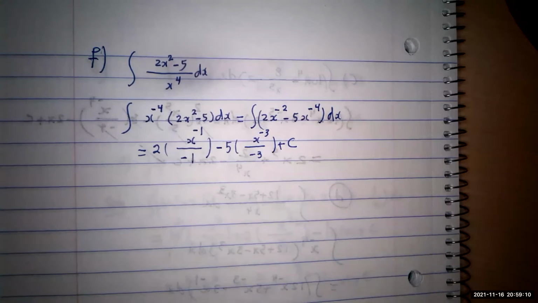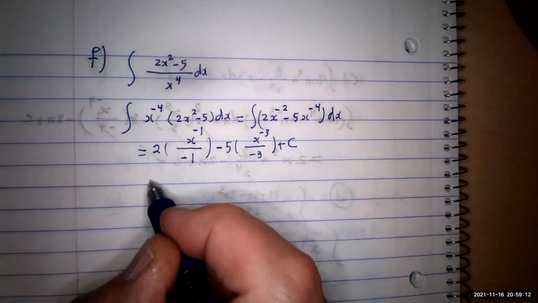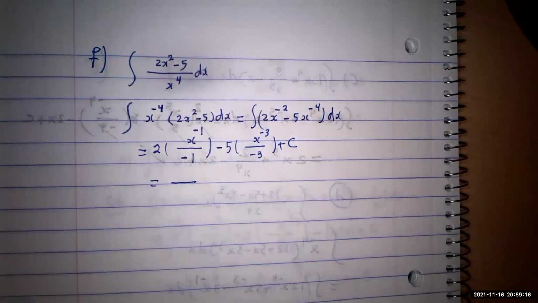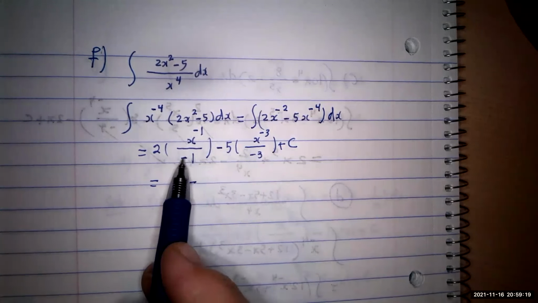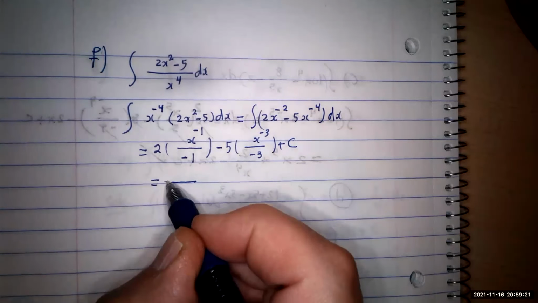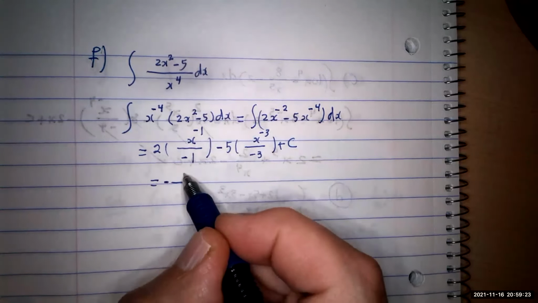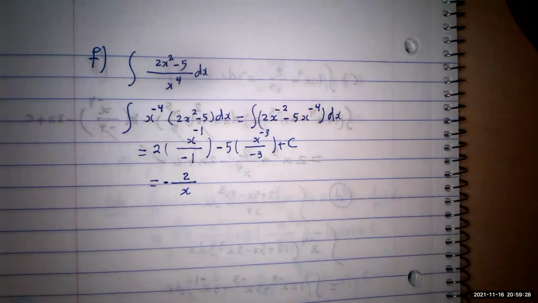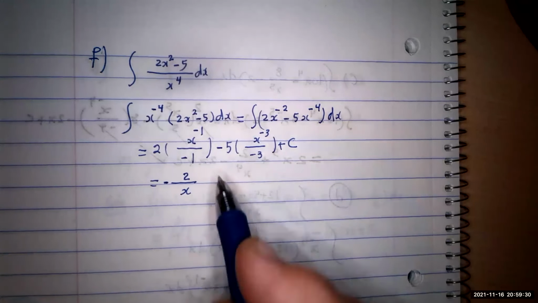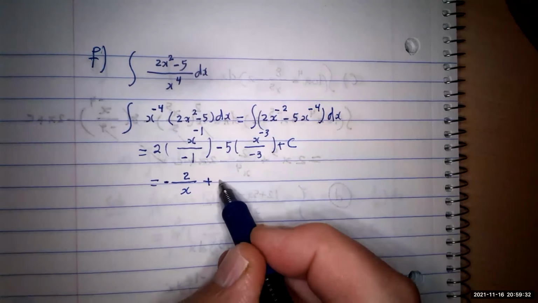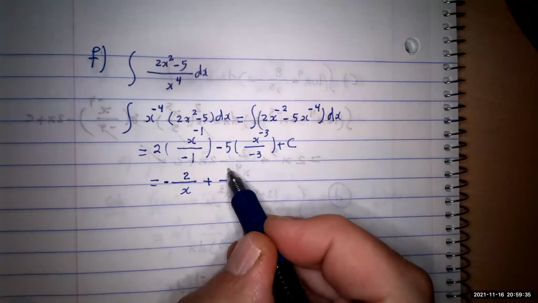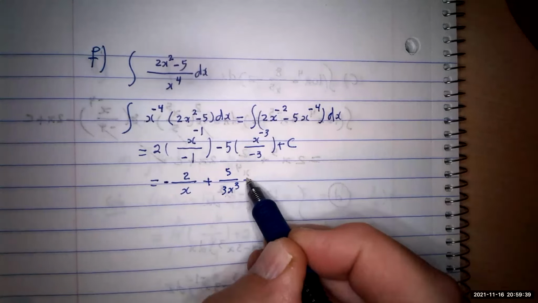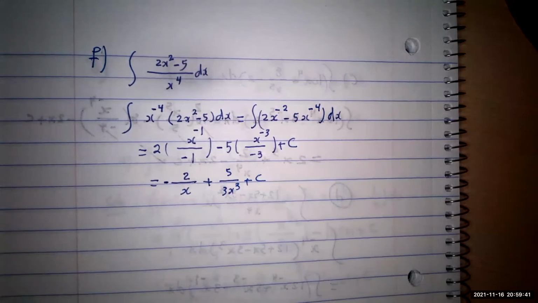Take care of those negative signs, negative powers. So it's going to be equal to, you get a fraction, with just a negative sign in front. We keep the 2 on the top, you bring the x down, negative 2 over x. And over here, negative would be positive. You get a fraction, on the top we get the 5, on the bottom we get 3x to the third, plus the constant c, the final answer.